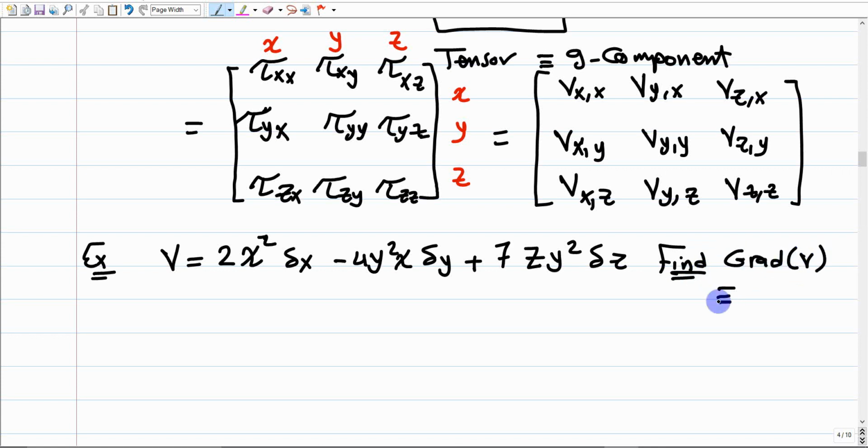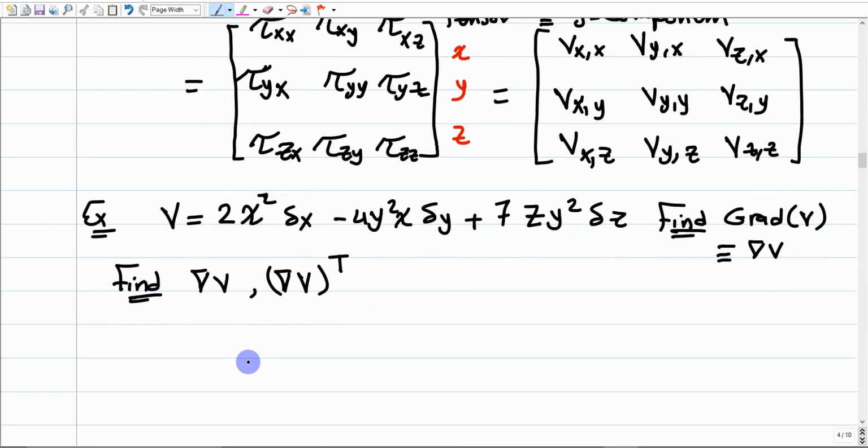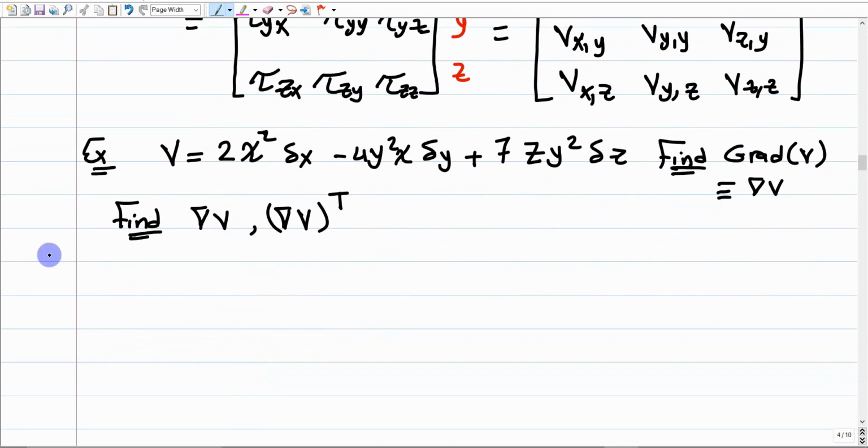So the gradient of v is going to give us the tensor. Let us make it general. Let us find the gradient of v and the transpose of the gradient of the tensor v. Okay, so let us solve this example.